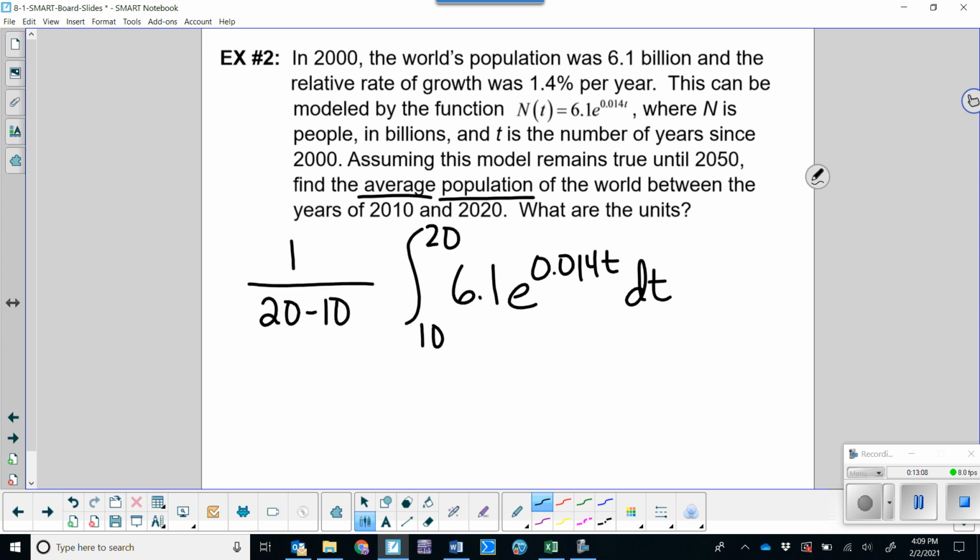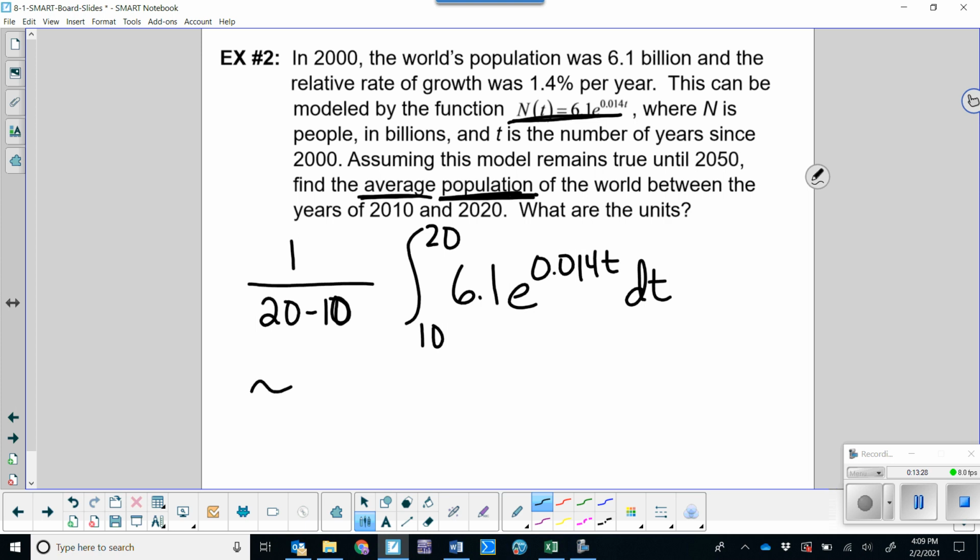Okay, so this is what I write because it's a calculator question, so I have to say what I'm doing. So average population, again, this function is population, so I'm finding the average value. That tells me to do the 1 over b minus a, integrate from a to b function.